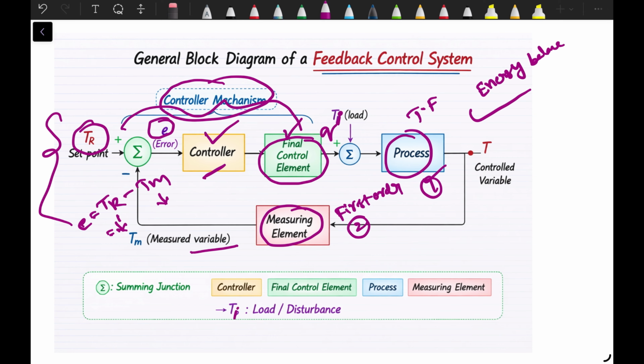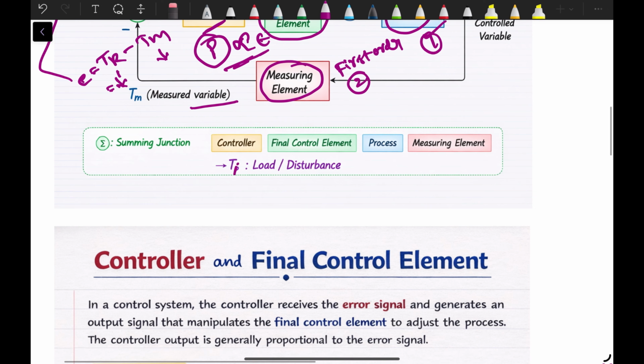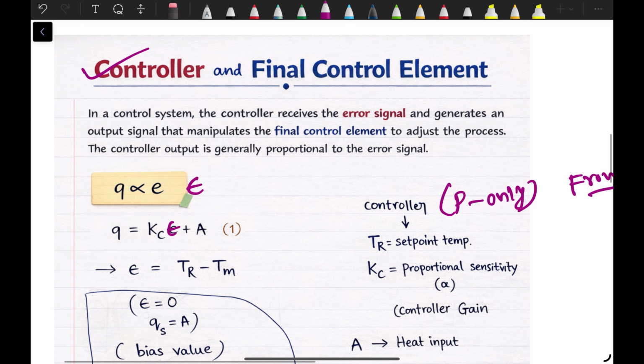We assume the controller is a proportional controller. We will discuss other controllers later, but right now just assume only a proportional controller. So the controller output is proportional to the error signal. Here Q is proportional to the error signal because we chose a proportional controller.